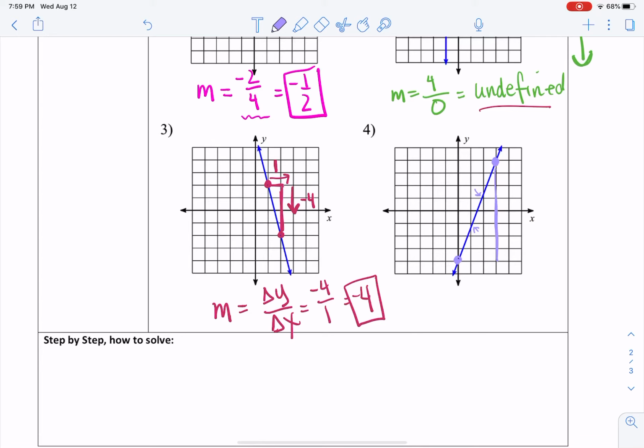So then I'm going to draw my triangle. So this is 3 this way, and this is 1, 2, 3, 4, 5, 6, 7, 8. So this is 8. So then m equals change in y over change in x. Y is 8 over 3, and that cannot be simplified.